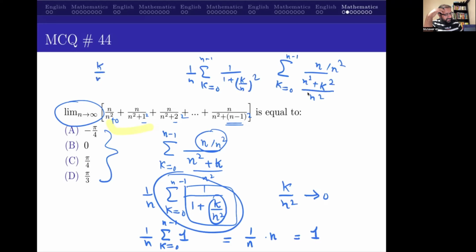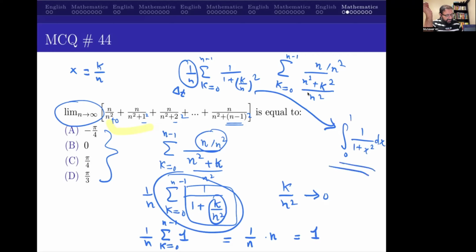Now if you say that k over n is x, and then you apply some calculus, some simplification tricks, you can exactly convert this sum, because this is going to be a Riemann sum only. This is going to be the delta t, the length of the interval or the increment that we multiply each time with the value of the function. So this will be the integral from 0 to 1 of 1 over 1 plus x square dx. This will be the value of this sum as n goes to infinity. And if you evaluate this one, you will exactly get pi by 4.